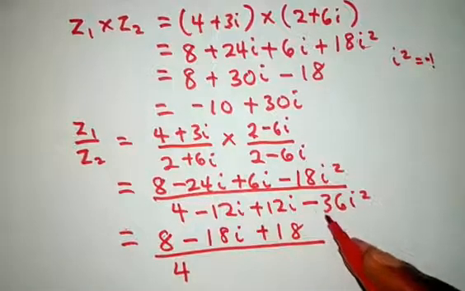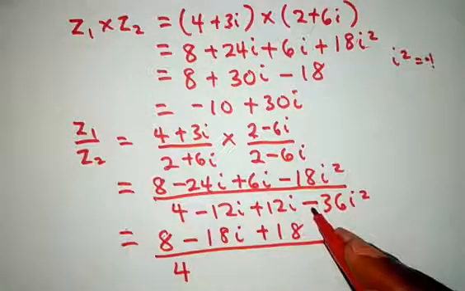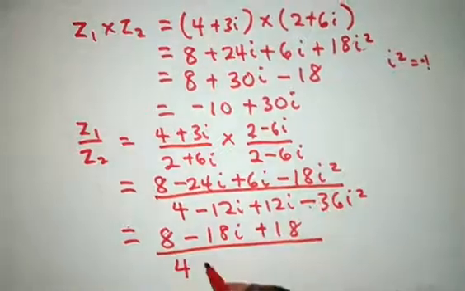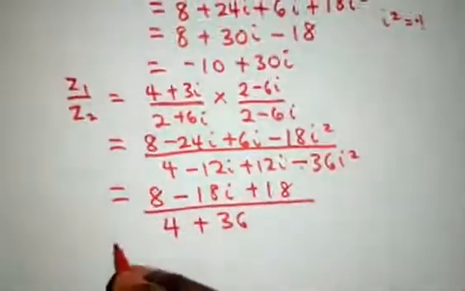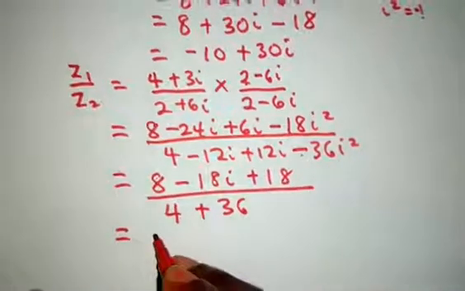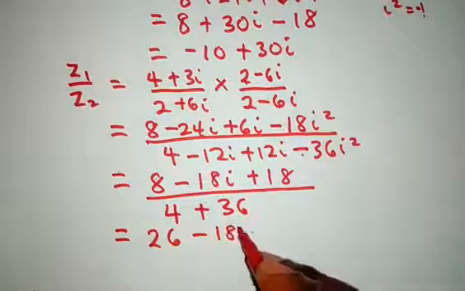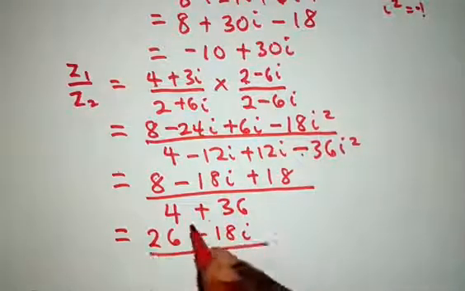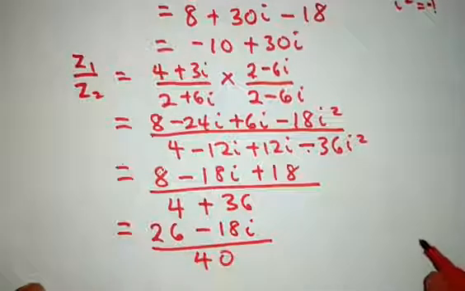And then I have, remember that i squared is minus 1. So minus times minus gives us plus. So we have plus 36. And this gives 8 plus 18 gives us 26 minus 18i over 4 plus 36 is 40.